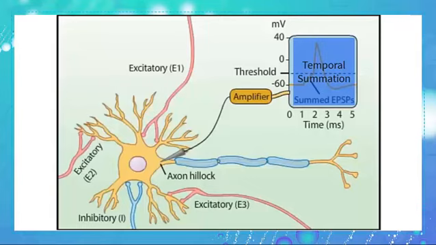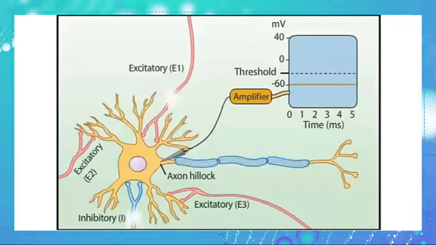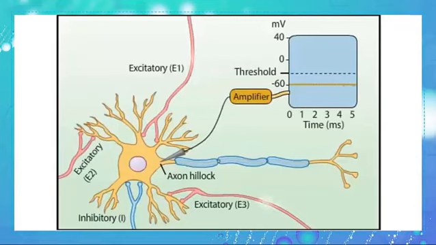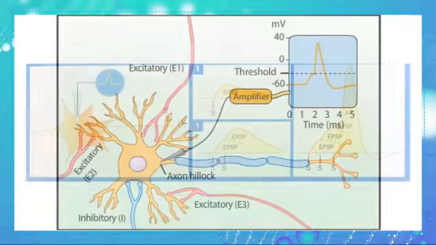Summation of postsynaptic potential will also occur in the cell body of the motor neuron if signals are received from 2 different fibers at the same time. This summation is called spatial summation. So, whether the motor neuron will generate an action potential or not depends on the result of the summation of postsynaptic potentials that occurs in its cell body.